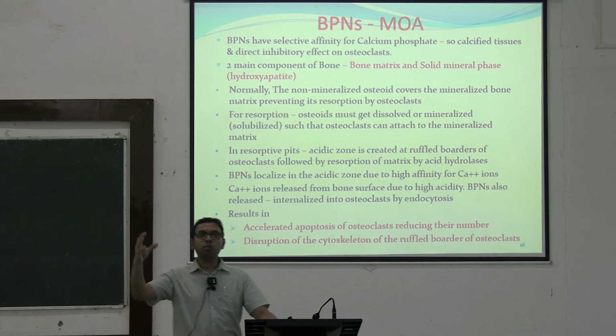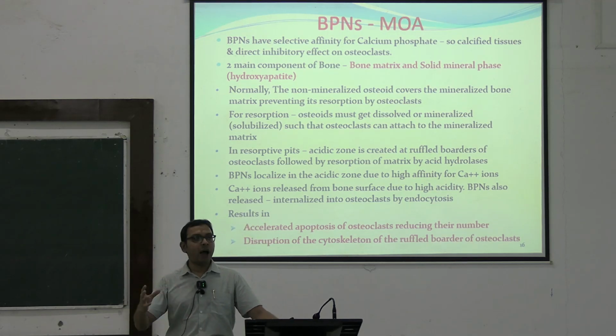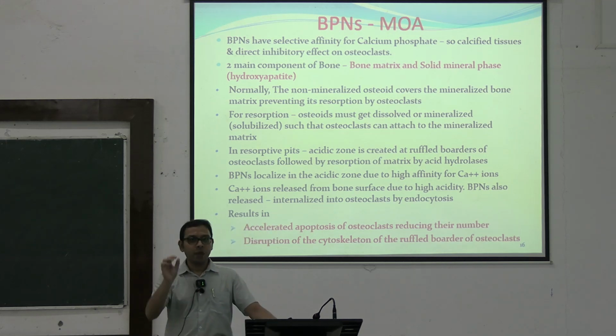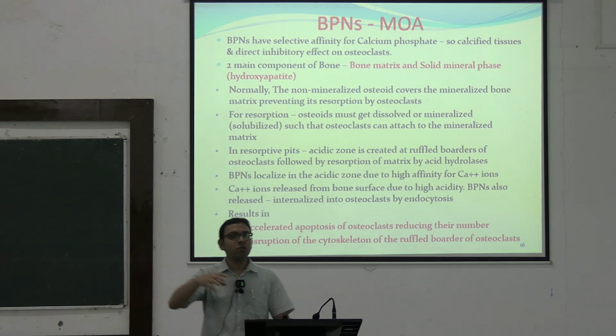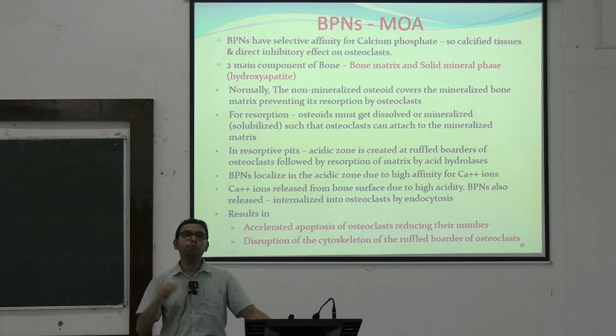So when we are giving this bisphosphonate, it comes through the blood near the bones, and within the bones there are osteoclast cells. These osteoclast cells form the resorptive pits, an acidic environment. They start resorption of the bones. Now this bisphosphonate comes and attaches to these bone surfaces with the osteoclast cells because of its higher affinity to the calcium ion as well as the acidic environment.